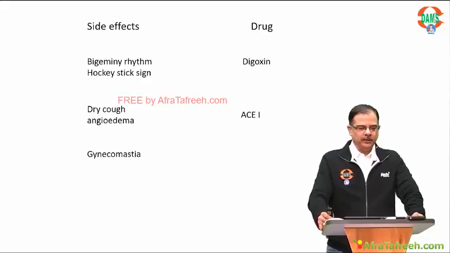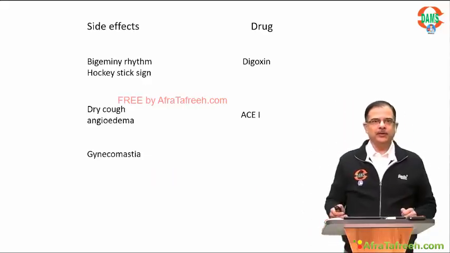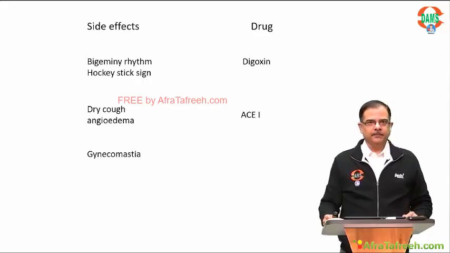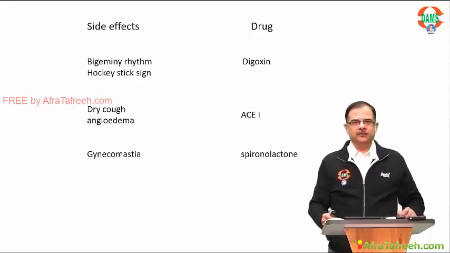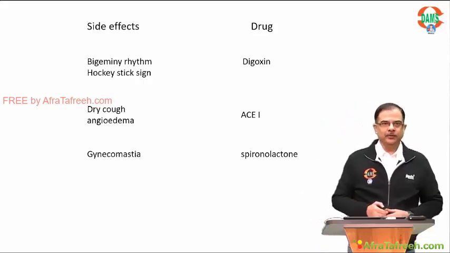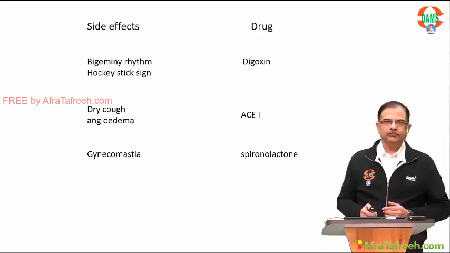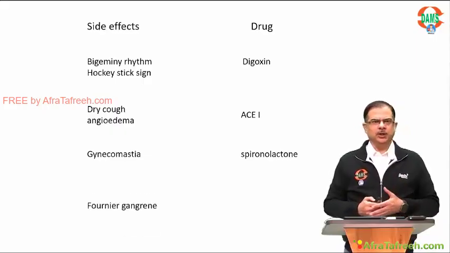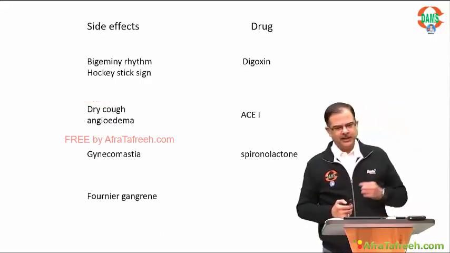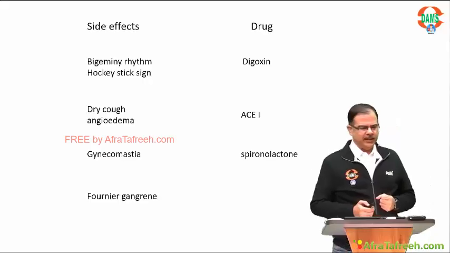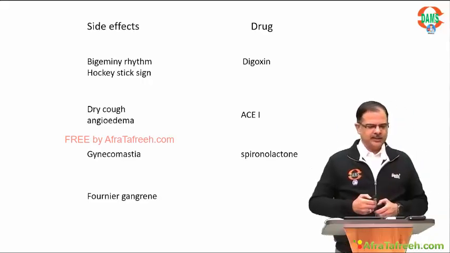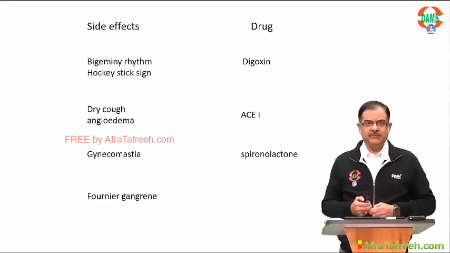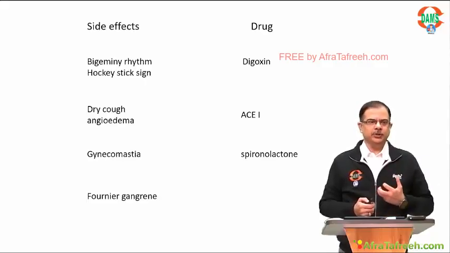Male patient has got gynecomastia. Spironolactone is the answer. So it will be due to spironolactone. While if patient has got gangrene, Fournier gangrene, this is the side effect of the medication which has very high chances of genitourinary infections.